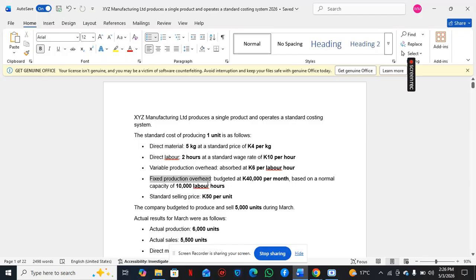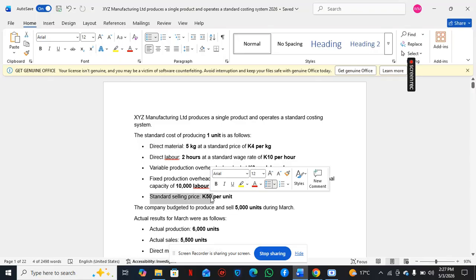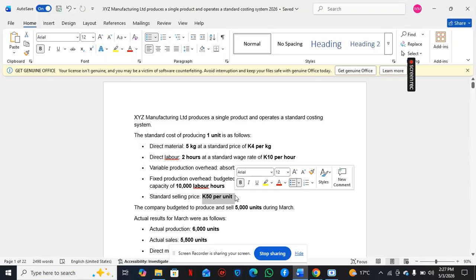Fixed production overhead: the budgeted fixed production overhead is 40,000 kwacha per month, which is what we budget our fixed overheads to cost, based on a normal capacity of 10,000 labor hours. This is the labor hours you usually use, your standard labor hours. Standard selling price is 50 kwacha per unit.